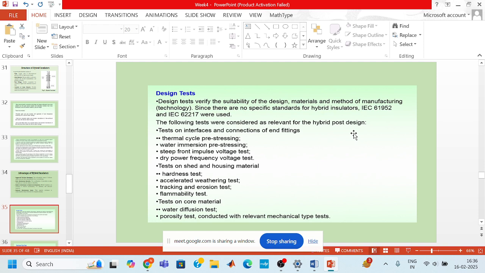The following tests were considered as relevant for the hybrid post design: thermal cycle pre-stressing, water immersion pre-stressing, steep front impulse voltage test, dry power frequency voltage test, tests on shed and housing materials, hardness test, accelerated weathering test, tracking and erosion test, flammability test, and tests on core material, water diffusion test, and porosity test.